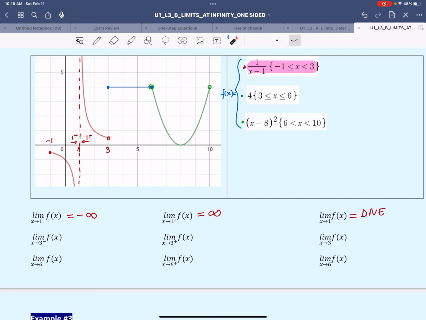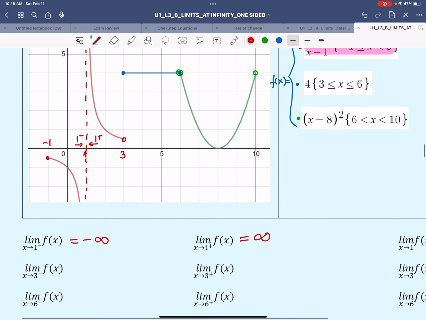So we'll say that is undefined. Next, we're looking at x equals 3, and we are trying to find the limit when we approach 3 from the left, 3 from the right, and then find the value of the limit at 3 if it exists. So here is number 3. When we approach number 3 from the left-hand side, the closer we get to number 3 on the left-hand side of it, as you see, we hit the red graph on the left-hand side.